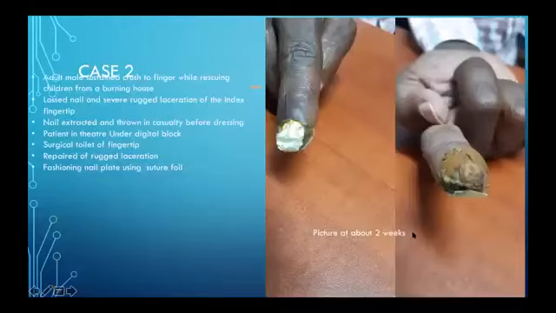Case number 2 is a gentleman again who sustained a crush injury to his fingertip. When he came, it was severely lacerated. The nail plate was missing. In surgery, we could not trace it.